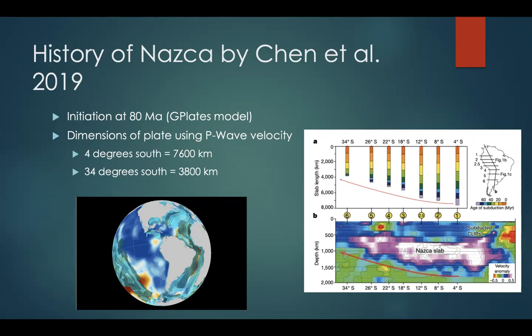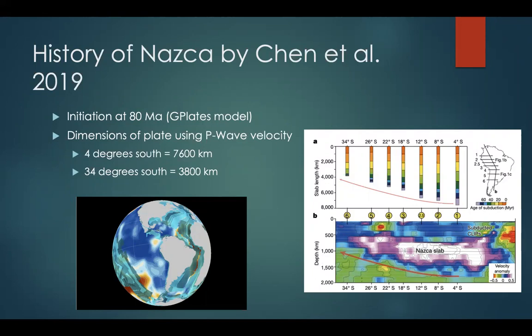So Chen and co. used a plate tectonics reconstruction to provide evidence that the Nazca plate subduction initiation occurred at approximately 80 million years ago. Using P-wave tomography, the Nazca plate was reconstructed to provide dimensions of the pre-subduction plate. The plate was found to have an estimated thickness of 70 to 100 kilometers and alternating lengths.